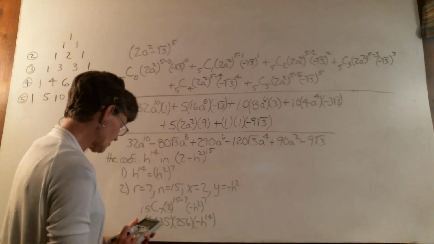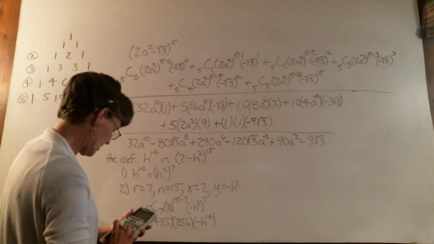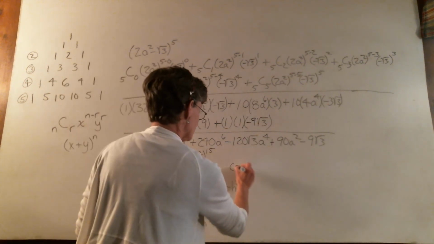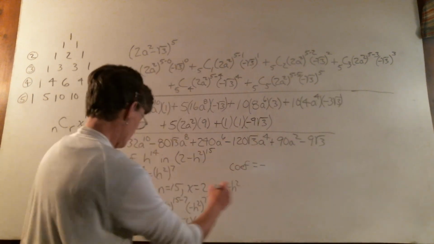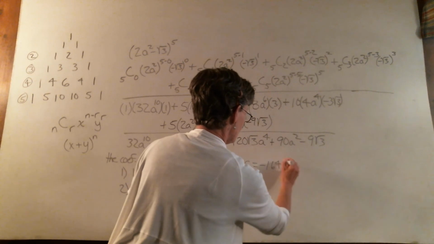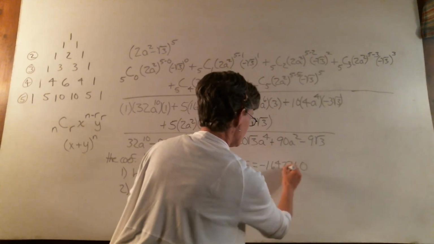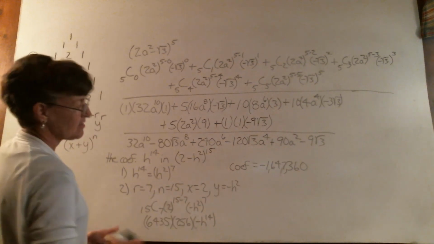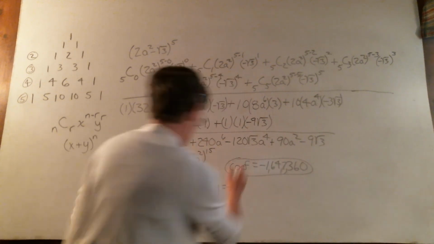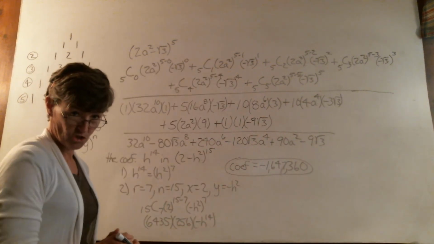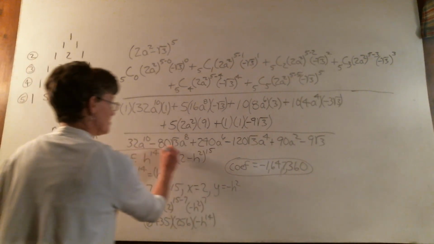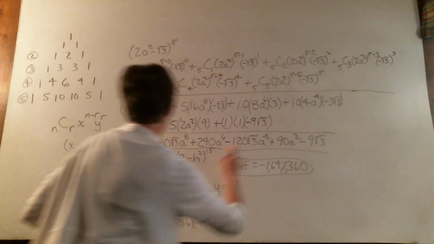So if I take the 6,435 and multiply that by the 256, then my coefficient is negative 1,647,360. This is the coefficient of the h to the 14th term in that binomial expansion. This is how you would get that. So this is an entirely different problem right here. We'll kind of separate that for you.